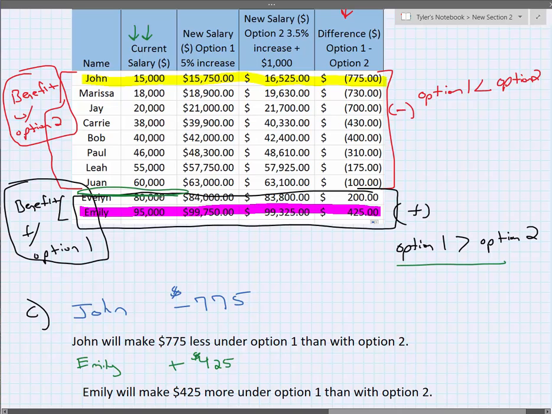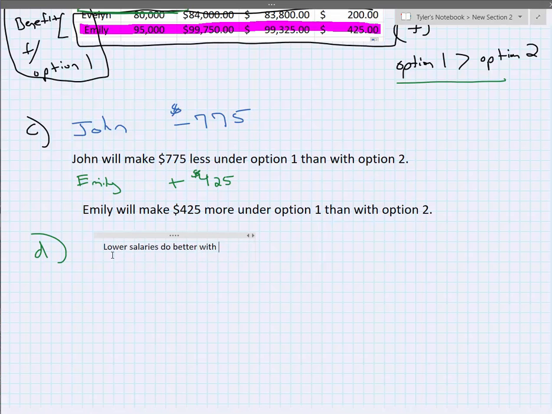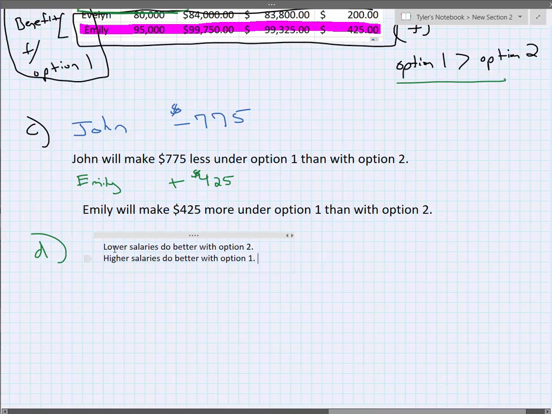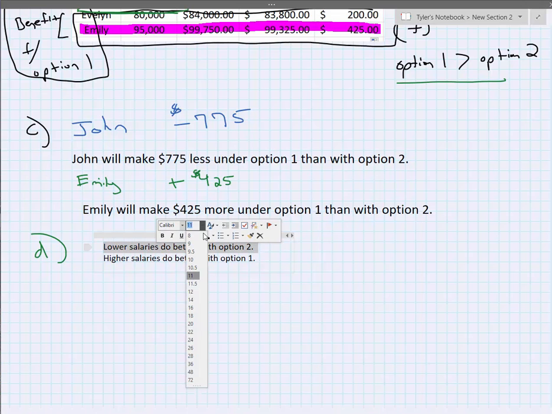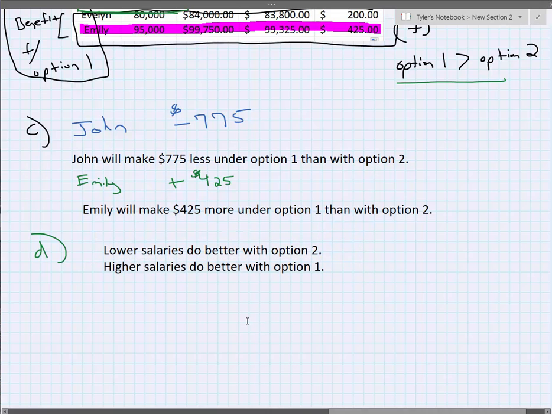So maybe we could say lower salaries do better with option 2 and higher salaries do better with option 1. That's just a general statement.